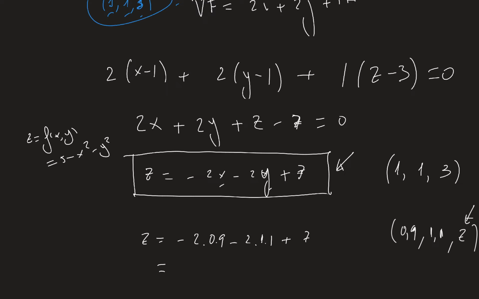So 2 times 0.9 is 1.8. Minus 1.8 minus 2 times 1.1, which is 2.2, plus 7.